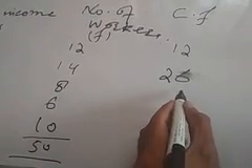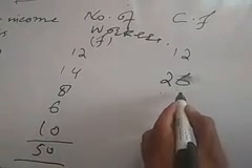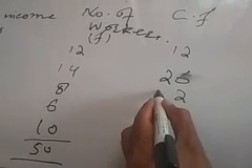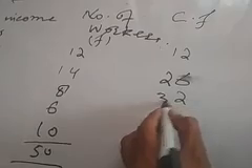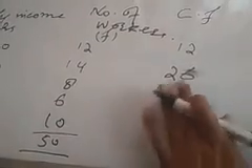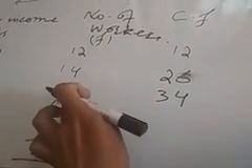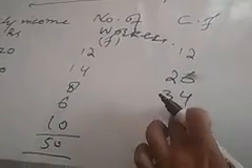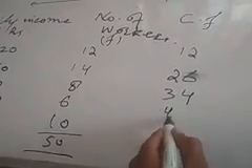That will be 34. Then 34 plus 6, now prior to 6 there are 8, 14 and 12, so that is 40, and the last sum of all is 50.